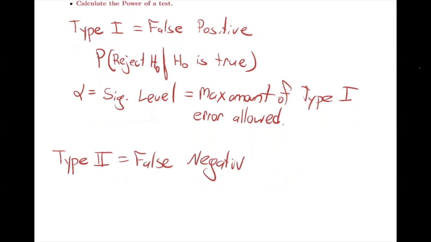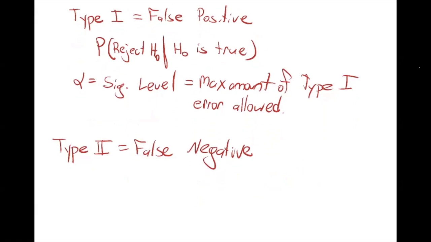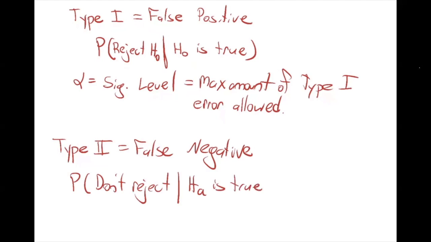That's when we make a mistake, a false negative, when we don't reject a null hypothesis when we should have, when H0 is not true, which is the same thing as saying that HA is true. And this we denote with beta.